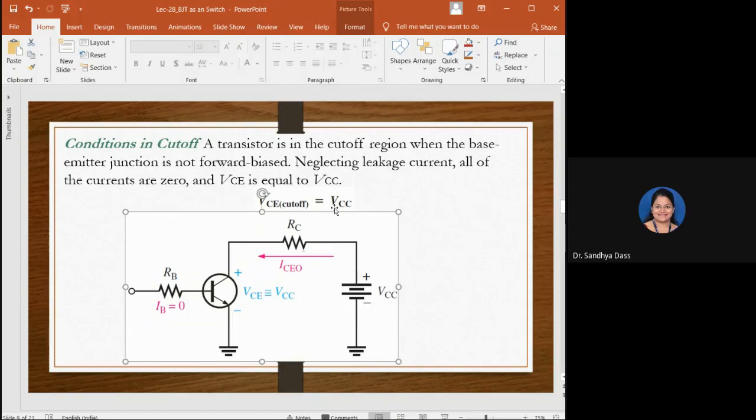When the BJT is operating in the cutoff region, both the junctions will be reverse biased, and VCE cutoff will always be equal to VCC. Please note down: in cutoff, VCE cutoff is equal to VCC.